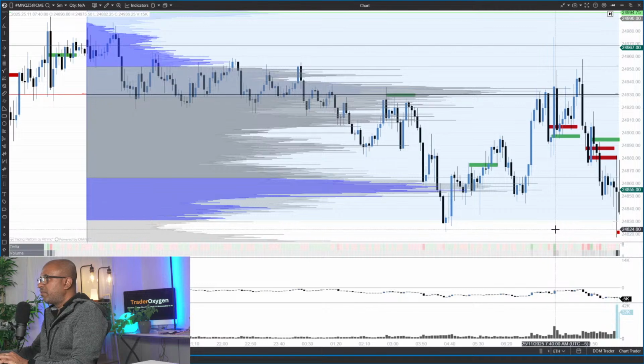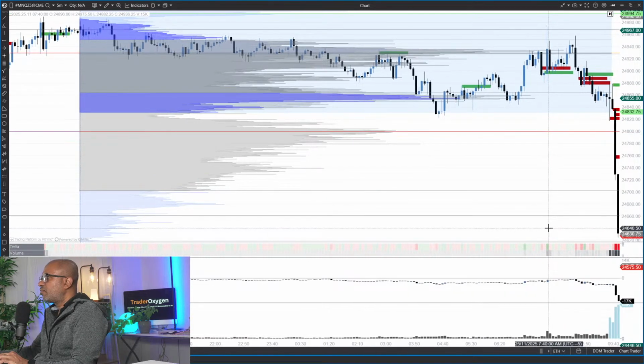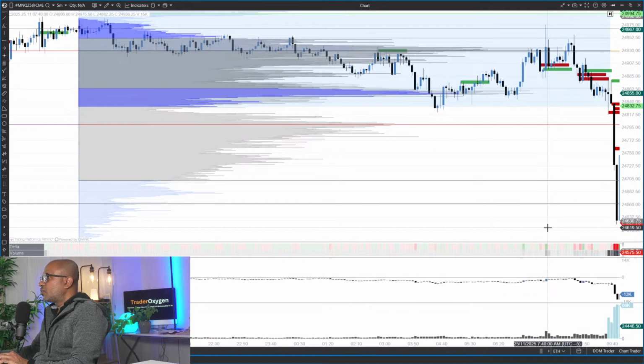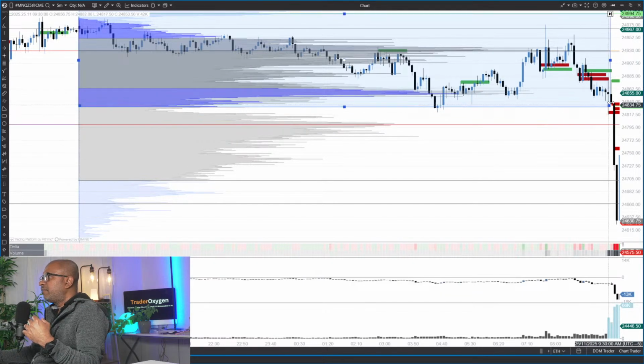What we did next was we looked forward. Let's see what the price is doing next. You can see at 9:40 the price strongly pushed down, and that push is with bearish stacked imbalances.